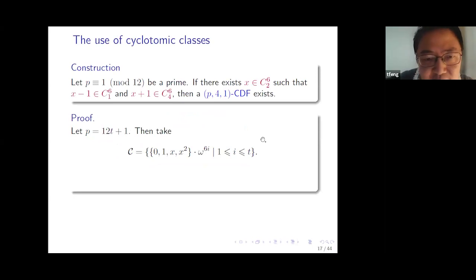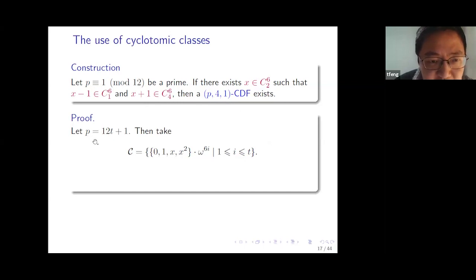Okay, here we see an example of how to use cyclotomic classes to construct a cyclic design. Here we want to construct a (p,4,1)-CDF, where p is a prime congruent to 1 modulo 12. So we can let p equal 12t plus 1. We can count the number of base blocks.